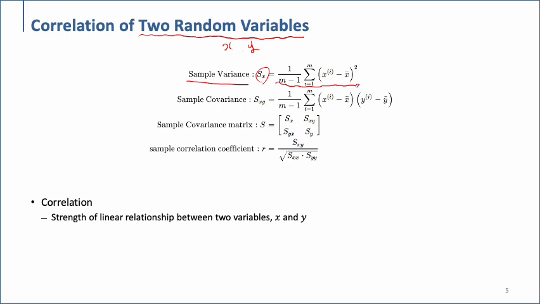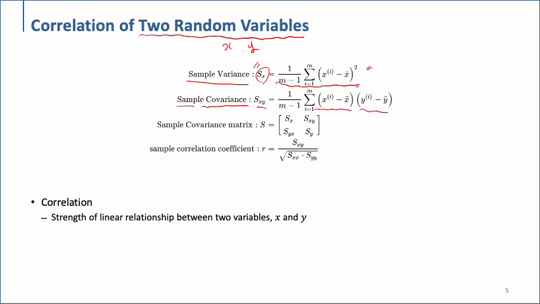Note that this sample variance is computed from the sample data set, not the entire data set. And the sample covariance, as the terminology indicates, measures the covariance between the two random variables x and y. Instead of calculating the square, the sample covariance is computed by multiplying x and y.